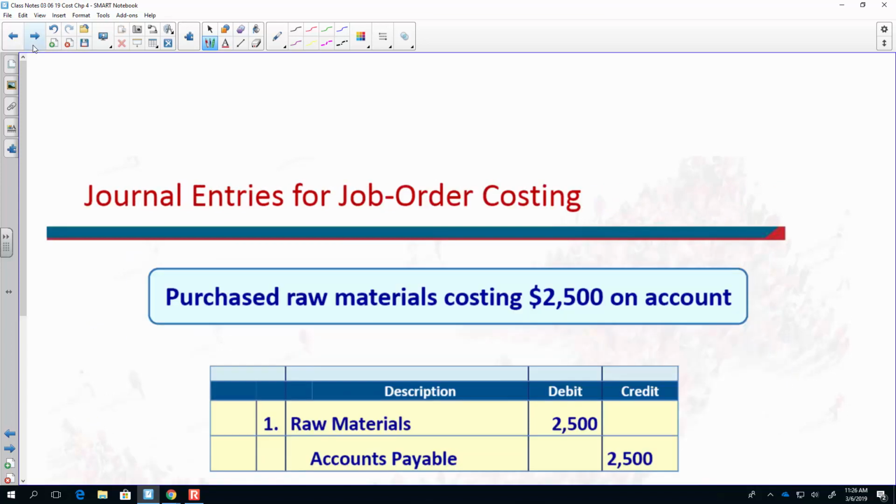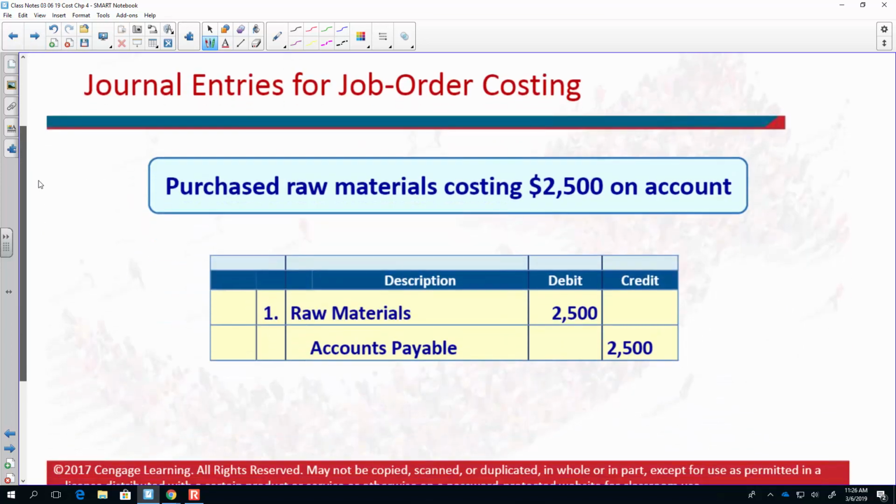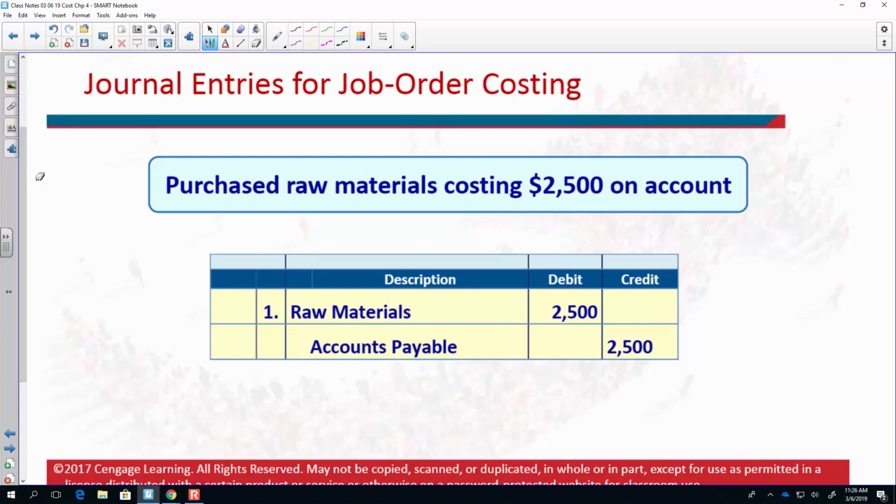I think I'm going to stop here, but what I did want to show you, in my notes for today, I'll have all the journal entries required, and that's in the Appendix A. So that Appendix A is on page 173. I'm hoping for 100% accuracy on the journal entries for the exam.